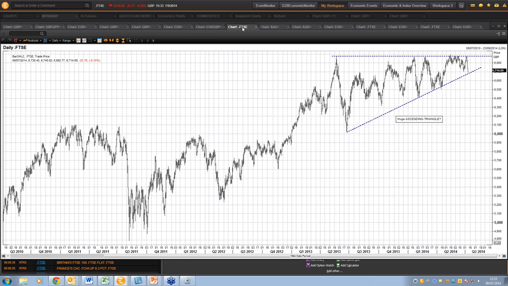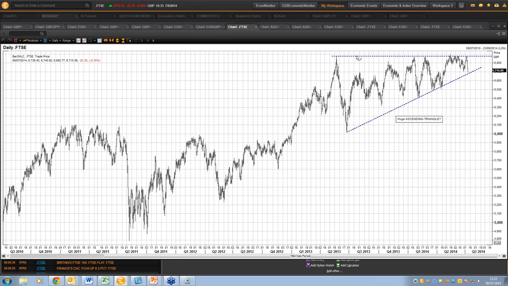Okie dokie. Ascending triangle. Now, I did struggle to find an ascending triangle. However, this is Footsie, coming up to a 16-18 month period. Is that an ascending triangle on Footsie? Well, you're hitting it.